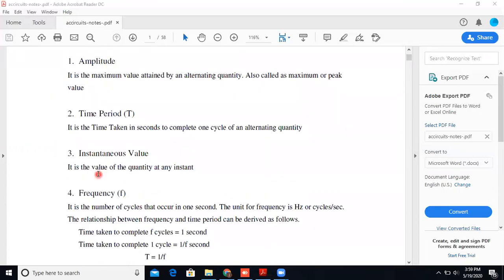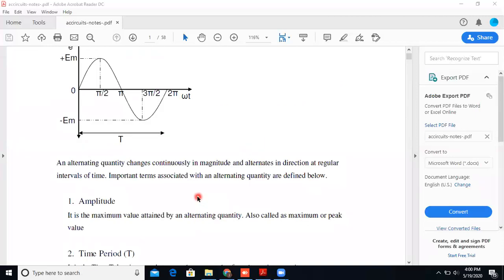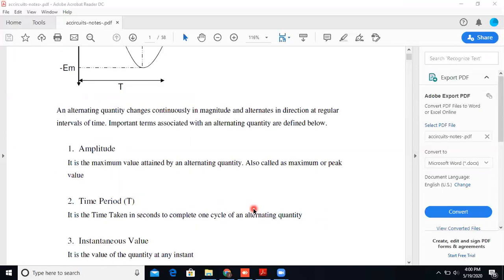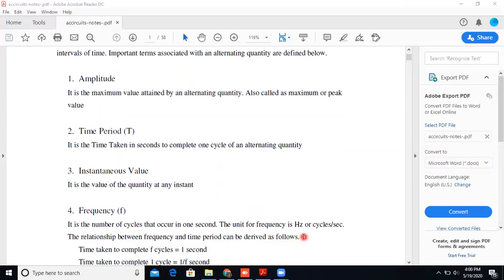Okay. So here, the relationship between the frequency and time period is f equals 1 by T, or T equals 1 by f. In general, our Indian domestic electrical system has a 50 hertz frequency. That means 50 hertz is 50 cycles per second.